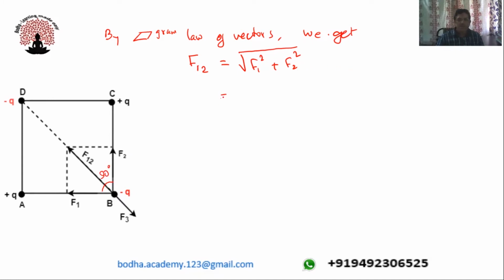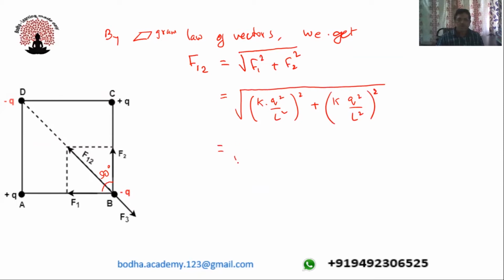So this can be written as square root of K into Q square by L square whole square plus K into Q square by L square whole square, whole thing under root.